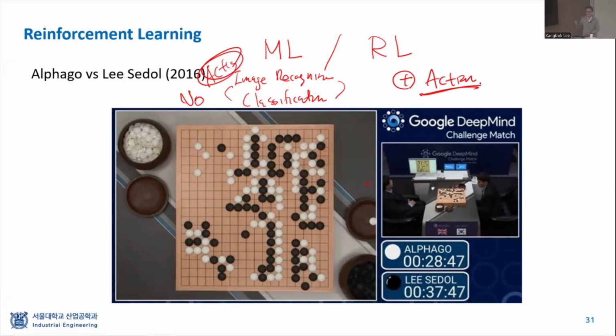So what are the examples of these actions? In this AlphaGo example, we are playing Go, Baduk, and what are the actions in this problem? Each action is one of the squares here, and then you need to place your stone, white stone, black stone, in one of the empty spaces around here.